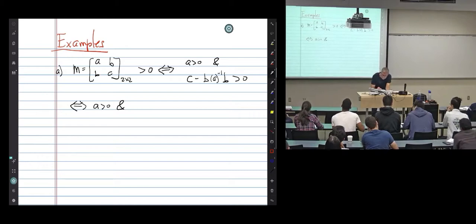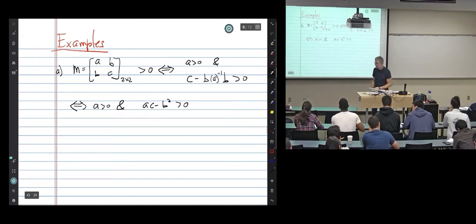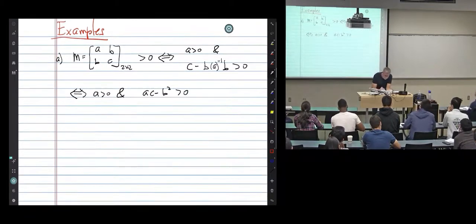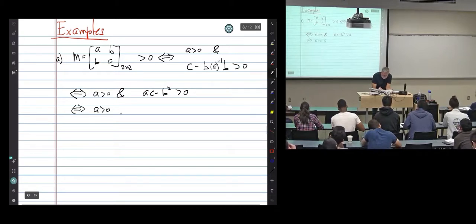If and only if AC minus B squared is positive. And once again, I need A strictly greater than 0, or I mess up this strictly greater than sign. Okay, so that's Schur's complement theorem. So that's if and only if A is positive and the determinant of M is positive.